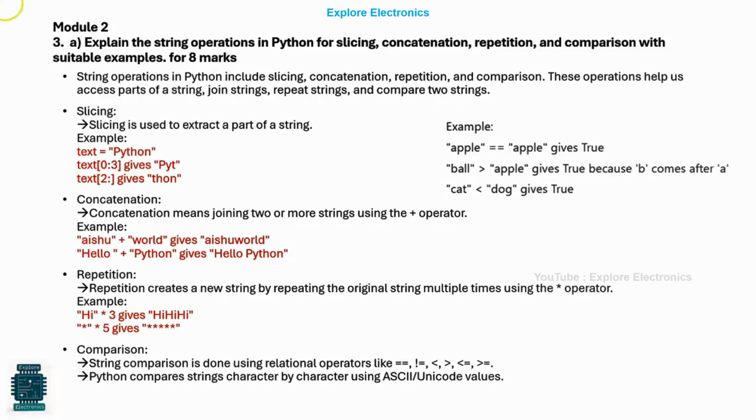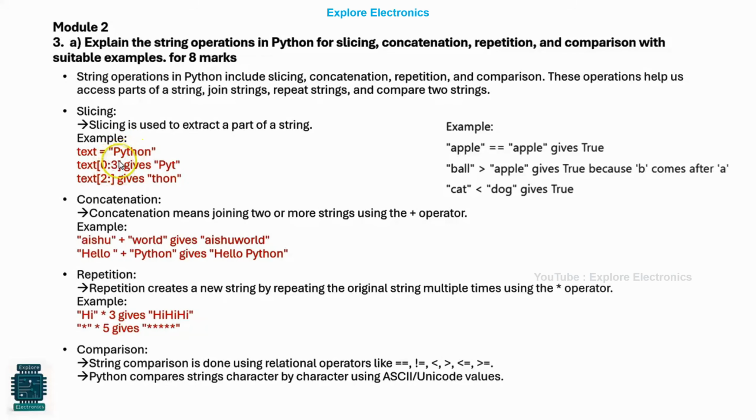Let us see how exactly with the example. Here text is equal to Python. This is a string I have taken. Text of 0 to 3 I have taken. 0 to 3 means this P is 0, Y is 1 and T is 2. 0 to 3 means I have to take 0, 1, 2. Clear?